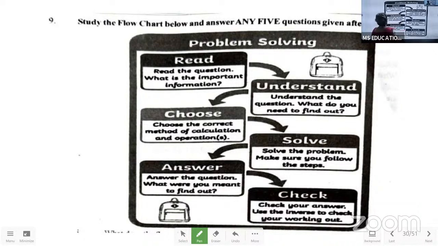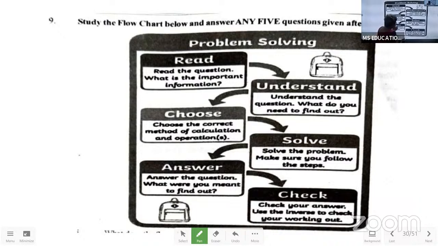Next, choose. Choose the correct method of calculation and operation. Next is solve. Solve the problem. Make sure you follow the steps. Next is answer. Answer the question. What were you meant to find out? And finally, check. Check your answer.